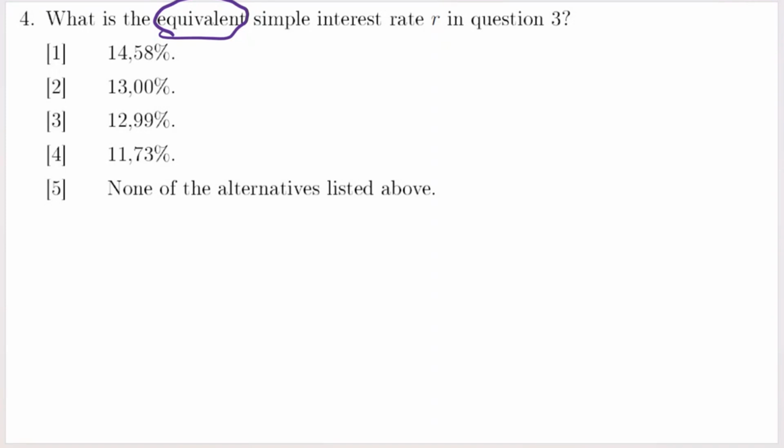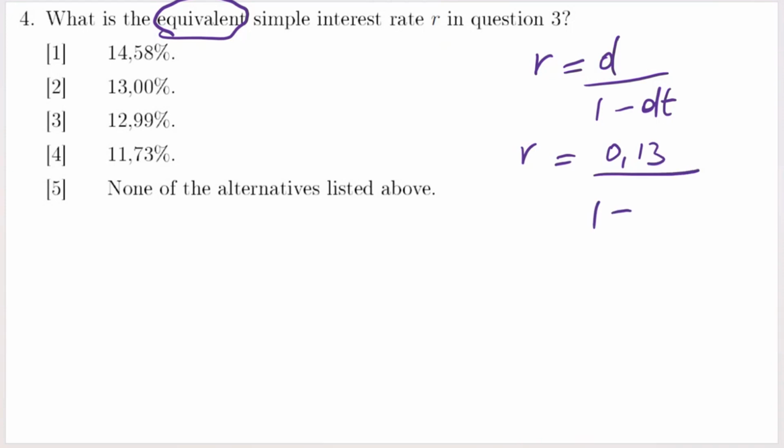So here you're going to have r is equal to d over 1 minus dt. Okay, you are looking for the r. The discount, it is 0.13. 1 minus the time there. Your time was given as 10 over 12.